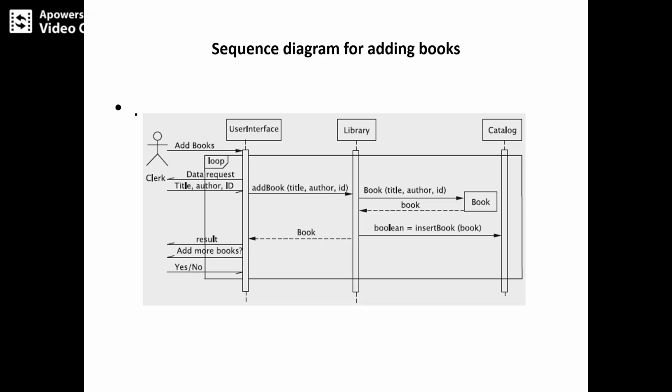Again, we have seen all the timeline process here. The clerk sends a data request from the user interface. To add a book we need the title, the author, and the ID. There can be more than one author.